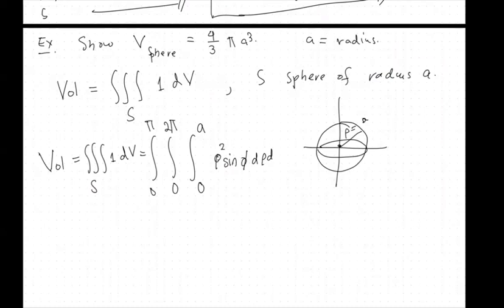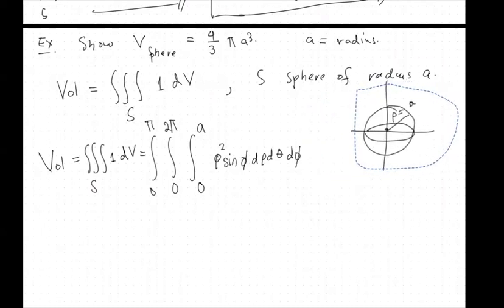This one is for theta, this one for phi. So this is your volume of the sphere.